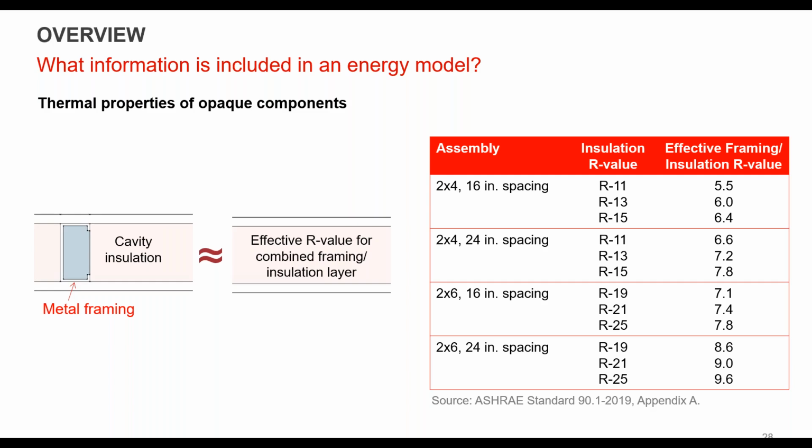So for a 2x4 at 16 inches, if you're putting R15 in that cavity with a metal stud, you're only getting R6.4 effective out of that layer. So that's a much different performance than putting R15. That could certainly change the results of your model quite drastically. So that's a good place to look, just to make sure you're using realistic values for the combined stud and insulation layer.